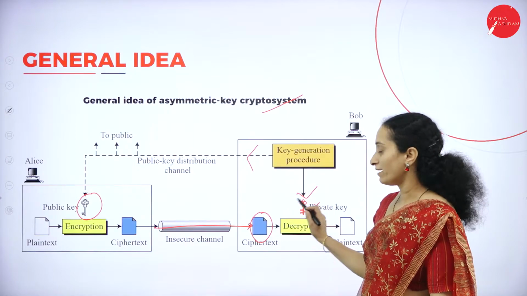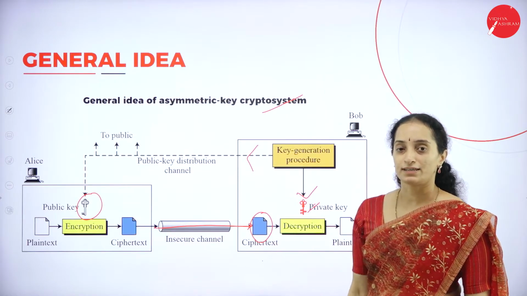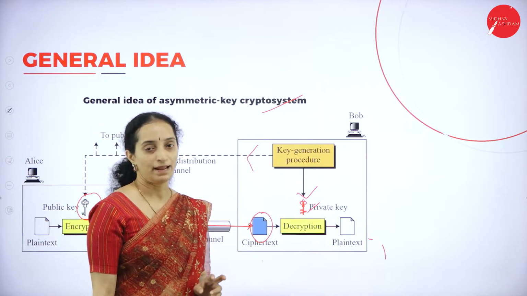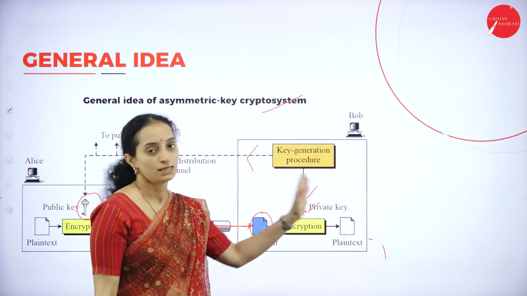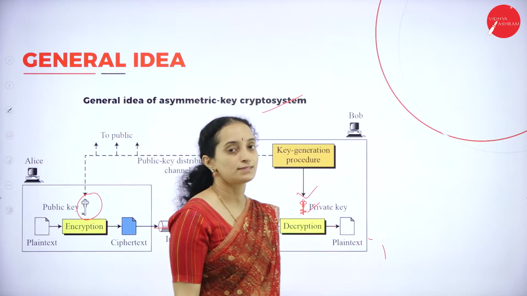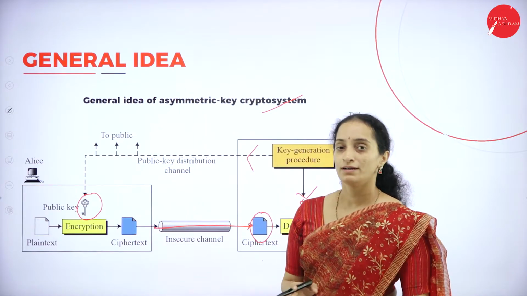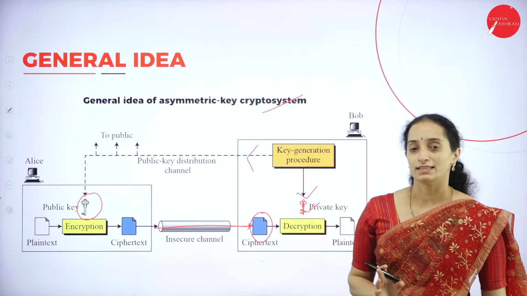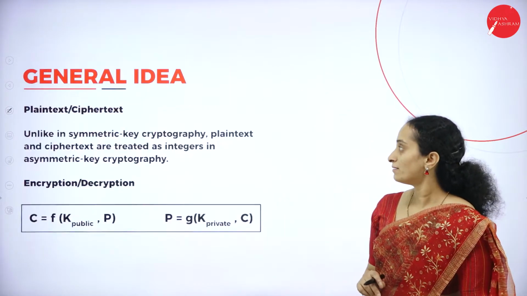Public key, private key as well as ciphertext will be combined to get the plain text by the receiver. Okay. So this is a general idea of implementing asymmetric key cryptography in the network model.